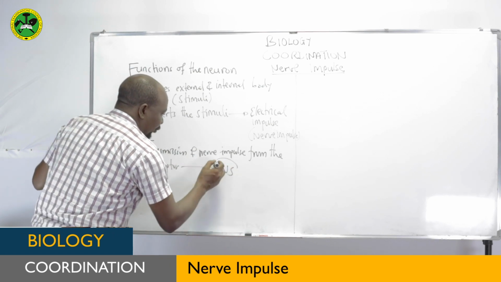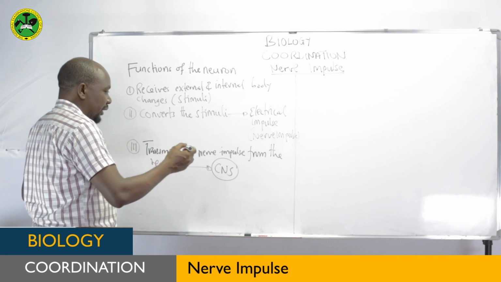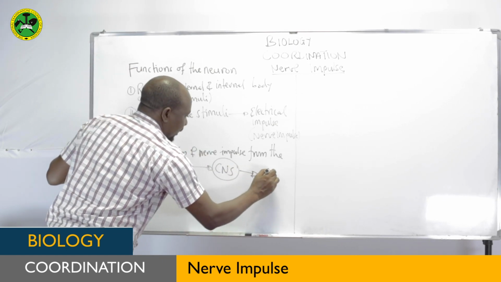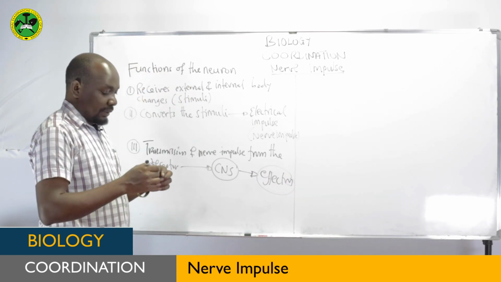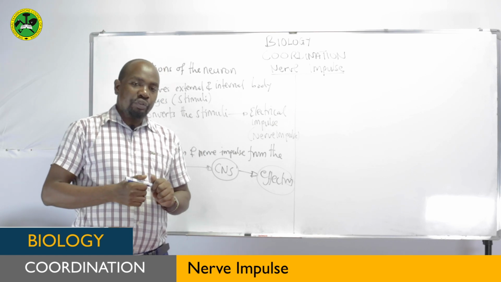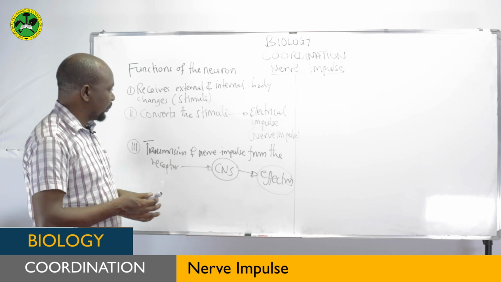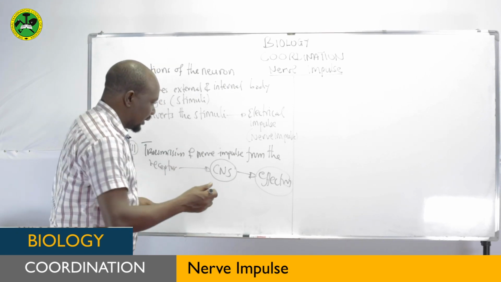Then, from the central nervous system, the nerve impulses are also carried to the effectors. The effector is the body organ whose major function is to give a response appropriate to the nature of the stimuli.